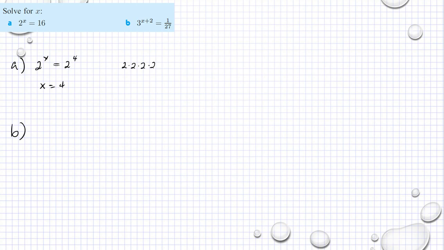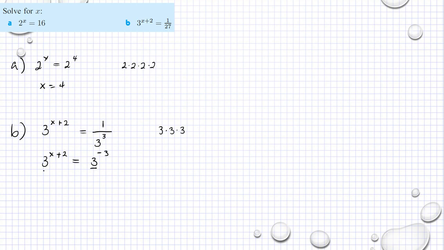For b, we have 3 raised to x plus 2 is equal to 1 over 27. 27 is 3 raised to 3, because 3 times 3 times 3 is 27. And for this one, we have 3 raised to x plus 2. One law in the laws of exponents says that this will become a negative exponent, 3 raised to negative 3.